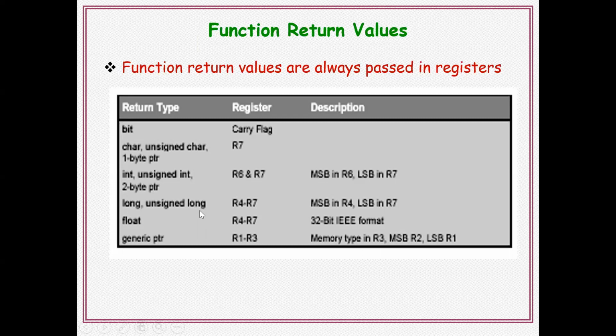Long, unsigned long: R4 to R7, MSB in R4, LSB in R7. Float: R4 to R7 registers, 32-bit IEEE format. Generic pointer: R1 to R3, total 3 registers, memory type in R3, MSB in R2, LSB in R1.